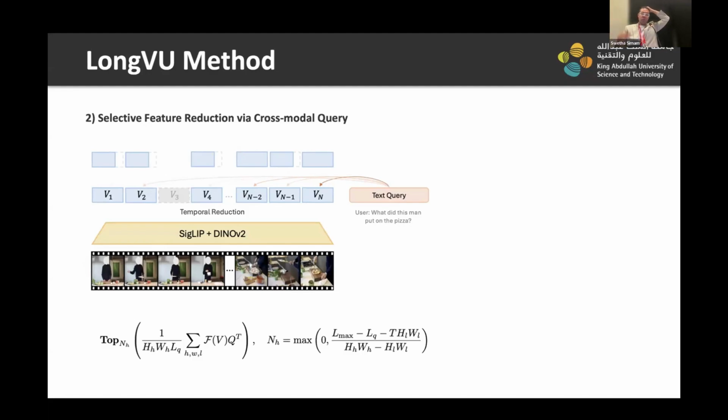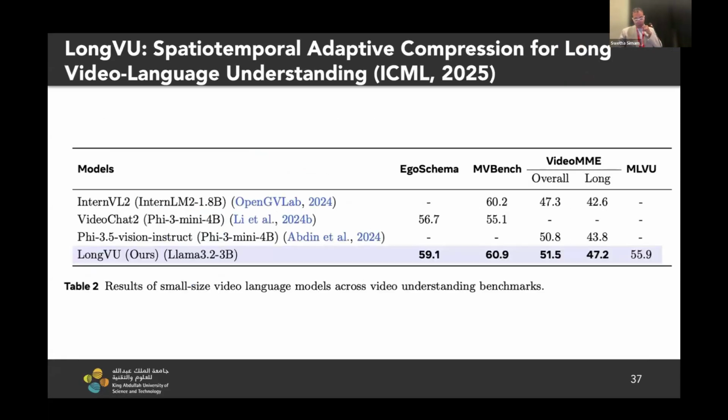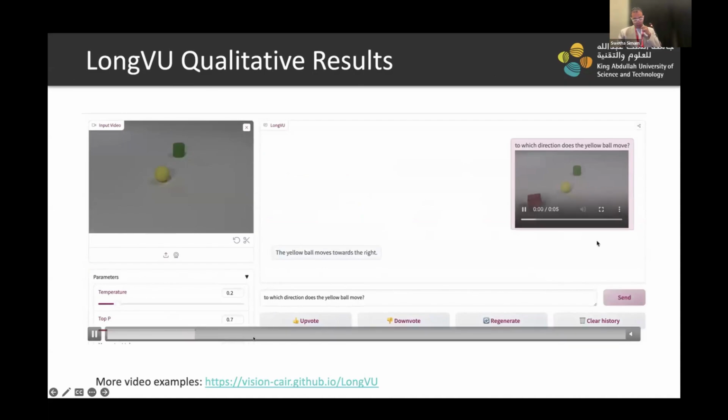This makes the model more efficient in looking more spatially into the relevant information for the frames most relevant to the query. And this gives the model better ability to understand spatial information in videos.